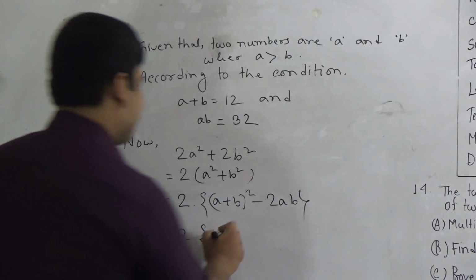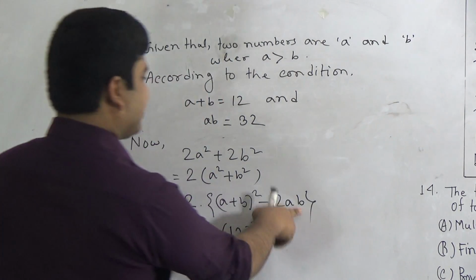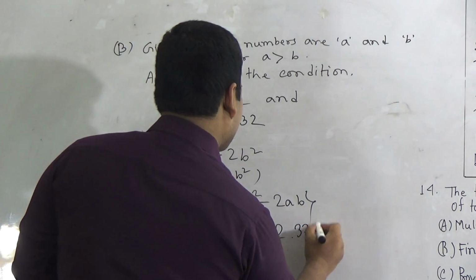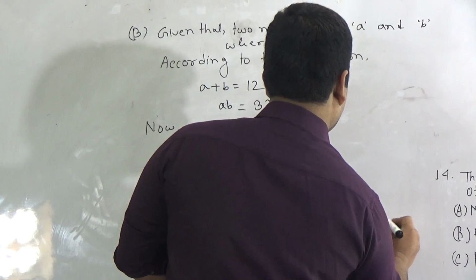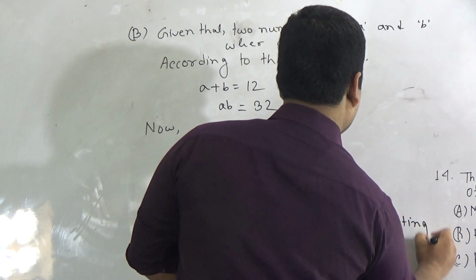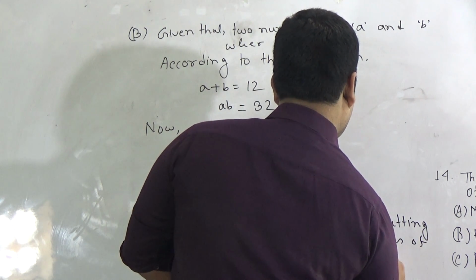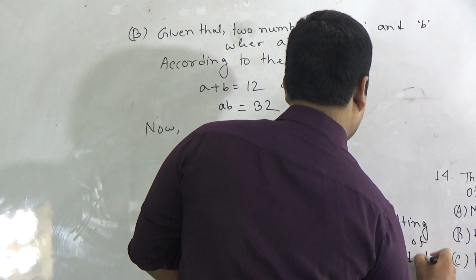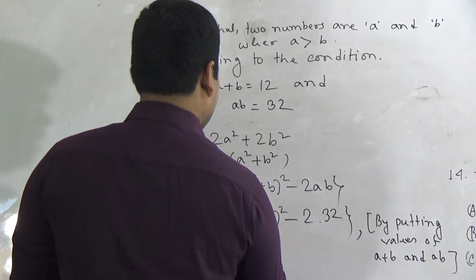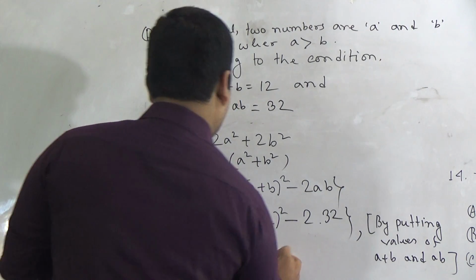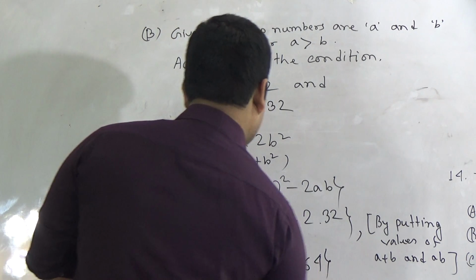It is 12. That means 12 square minus 2 into, what is the value of AB? It is 32. So write 32 and give a side note: by putting values of A plus B and AB. Now 2 into second bracket, 12 square means 144, minus 2 twos are 4 and 3 twos are 6.